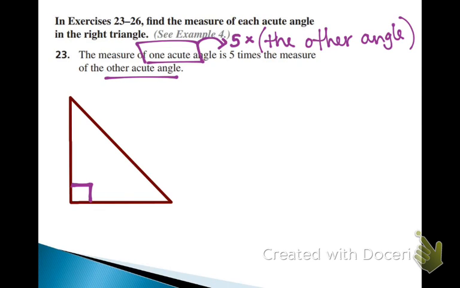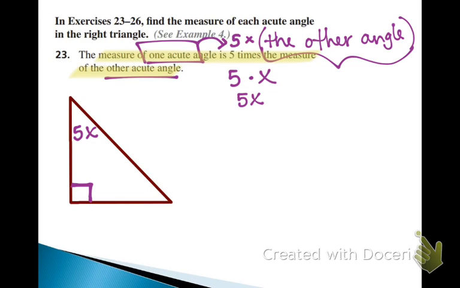Well, when we don't know what the other angle is, when we don't know something in math, what do we always call that unknown? We always call it x. So instead of writing 5 times x, we'd write 5x. So the first angle that they described, the measure of one angle is 5 times the measure of the other, is 5x.